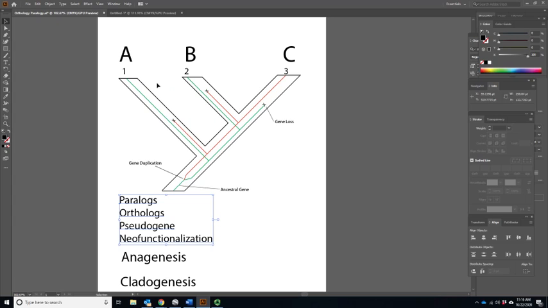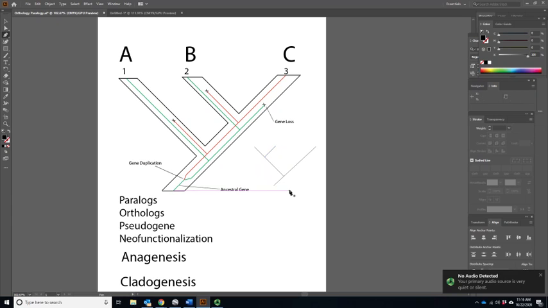And if we looked at the gene history of these 3 organisms, using genes 1, 2, and 3, we have a combination of orthologous genes and paralogous genes. And so our gene history for genes 1, 2, and 3, if we reconstruct it accurately, looks something like this, right? Where we have genes 1 and 2 that share a more recent common ancestor.